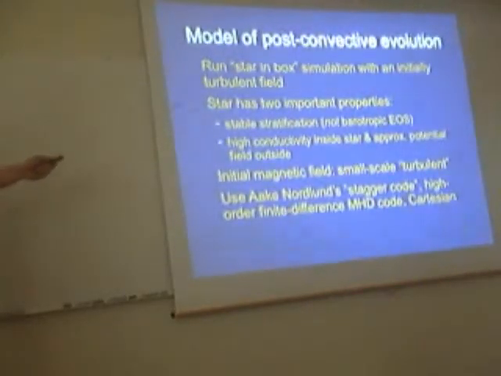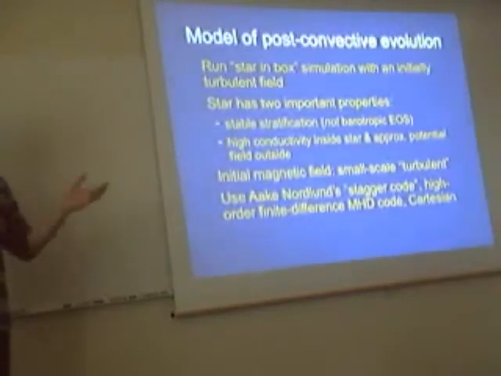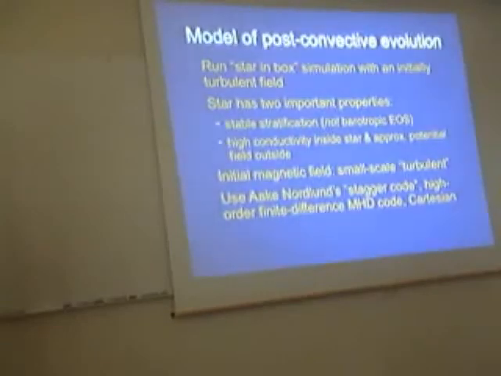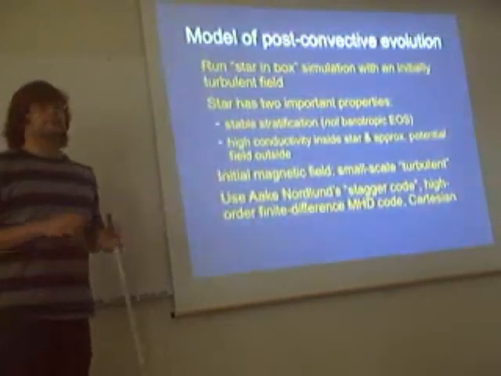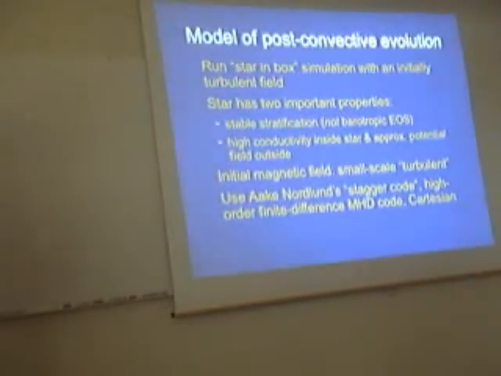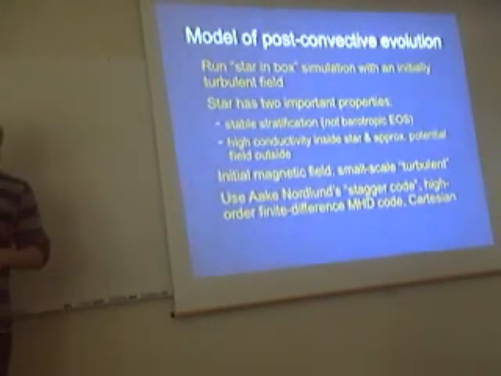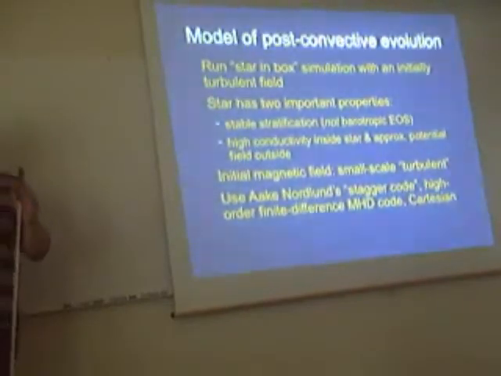Now, two important properties of this star, which are crucial to the result, are that it's stably stratified, which is another word for non-convective, essentially. So importantly, it has a non-barotropic equation of state, so that it's hard to move a fluid element up or down, as you're working against gravity to do that. And also that it conducts electricity inside the star, but not outside.